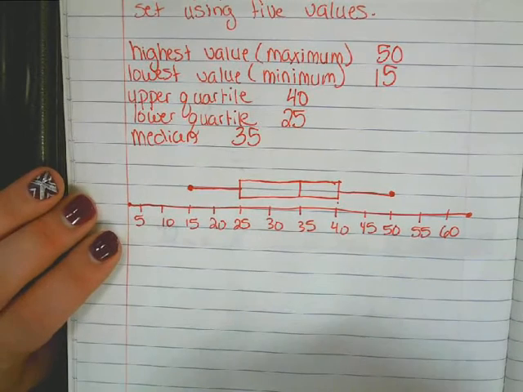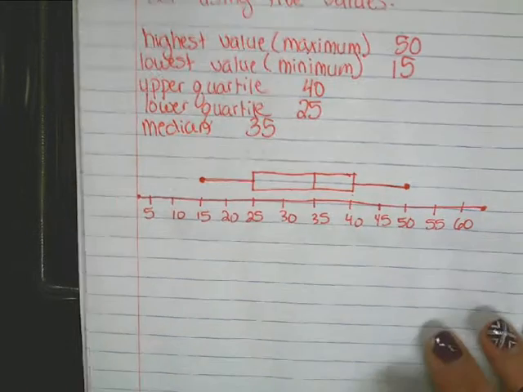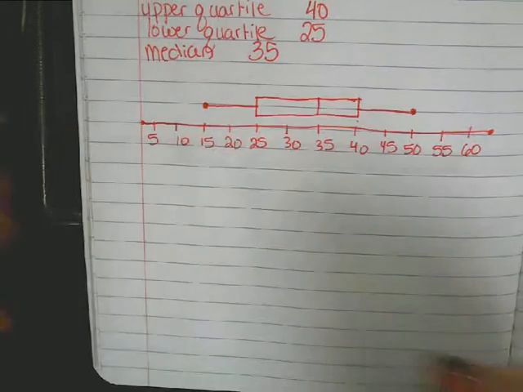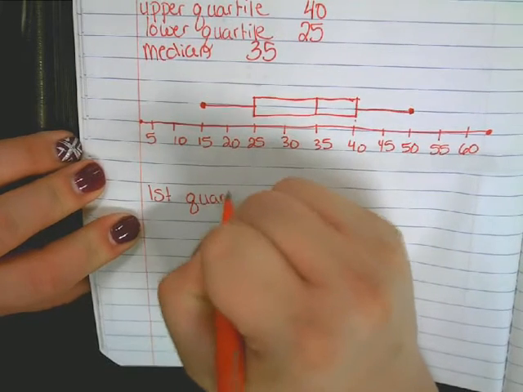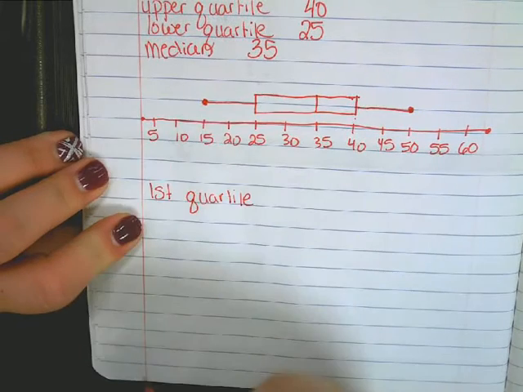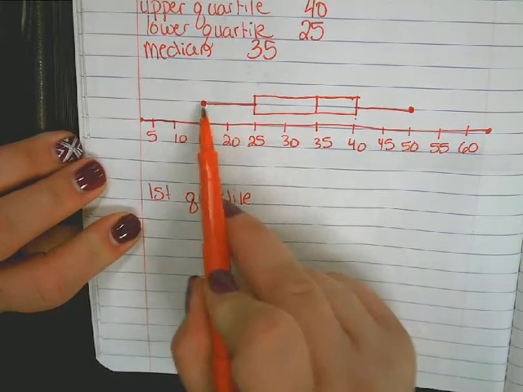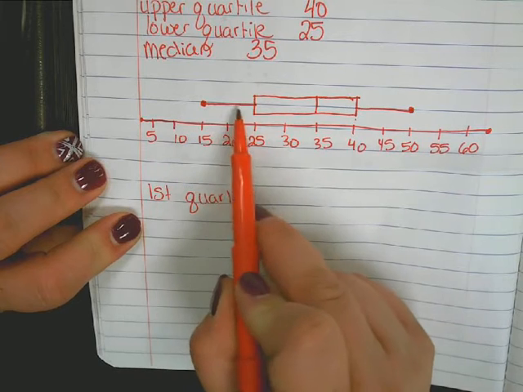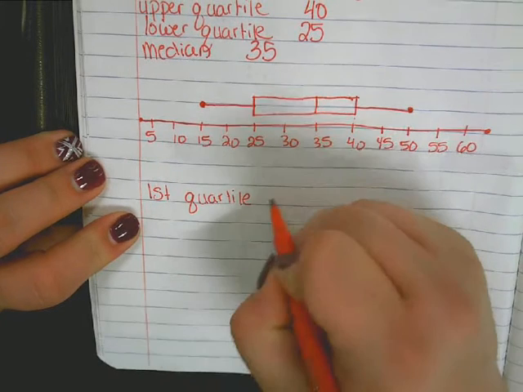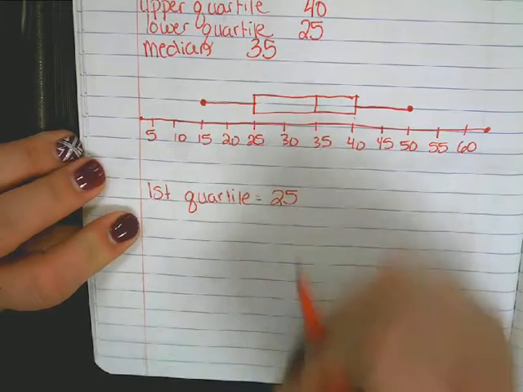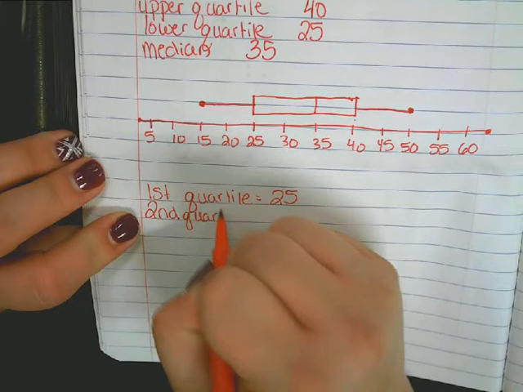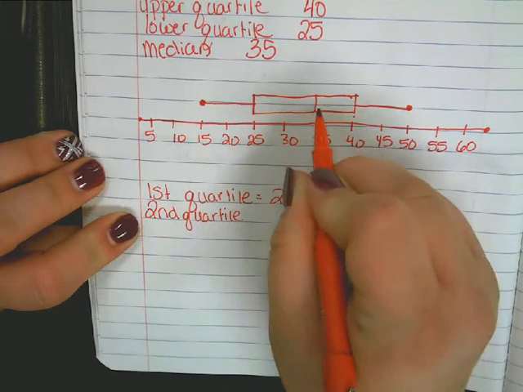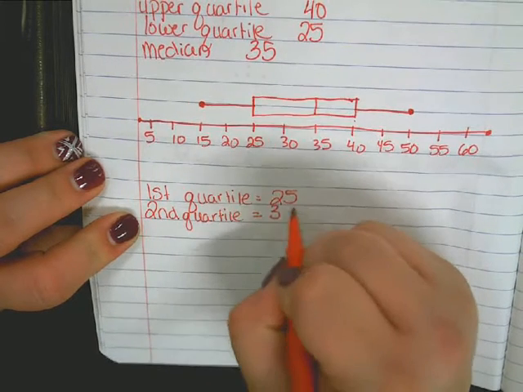Now there are other things I can come up with from looking at my box and whiskers. For example, I can name all my quartiles. My first quartile we go by where it ends. So if this is quartile 1, it ends at 25. My first quartile is also 25. My second quartile would be where the second one ends, which is 35. This is also your median.